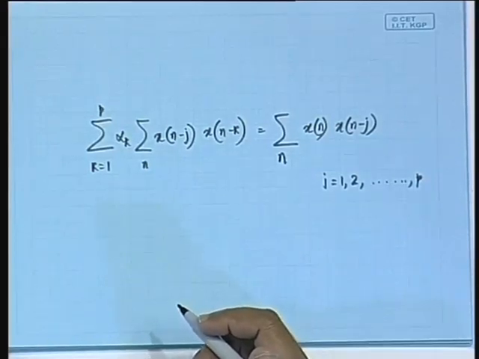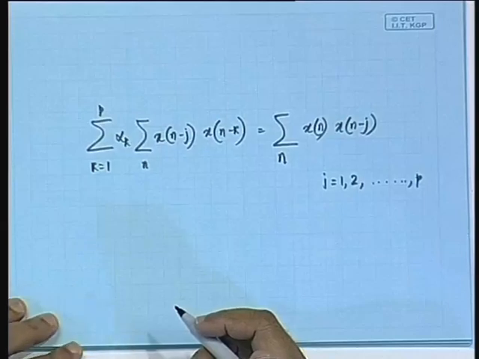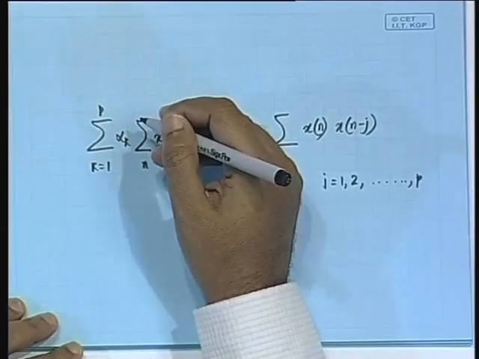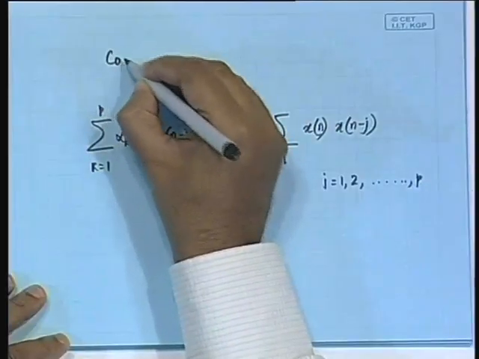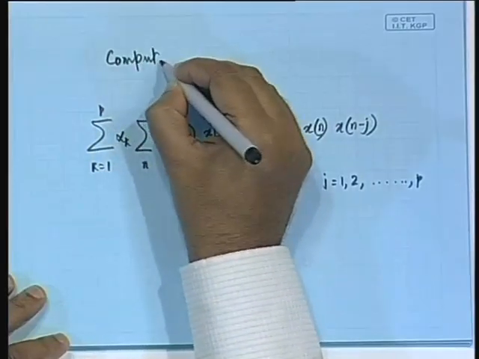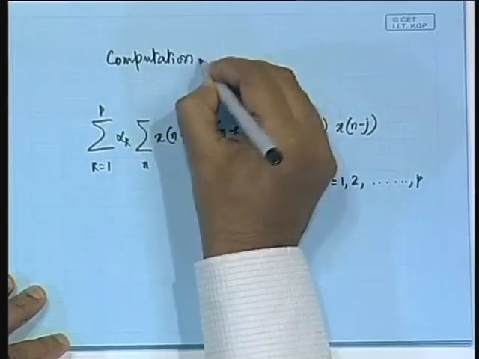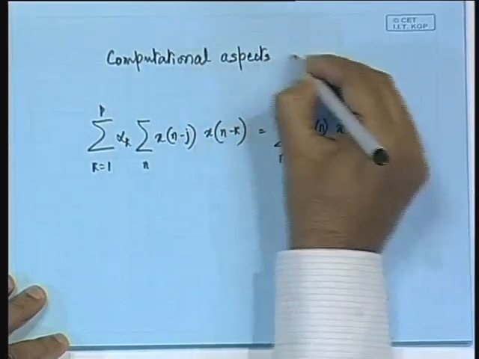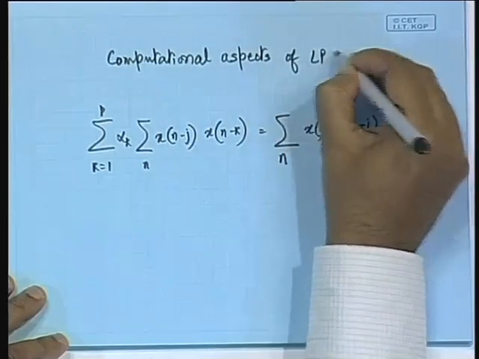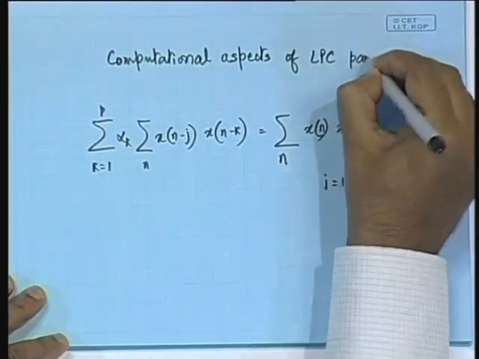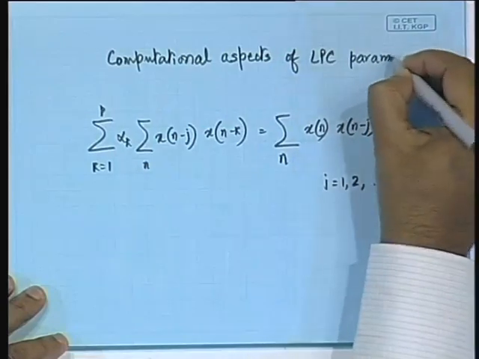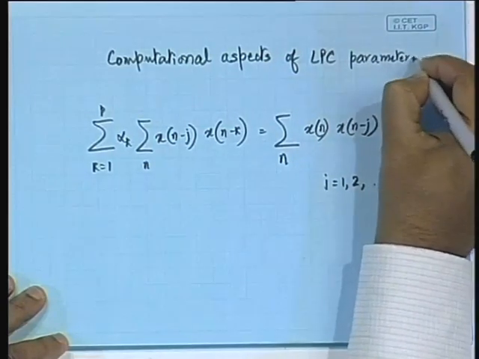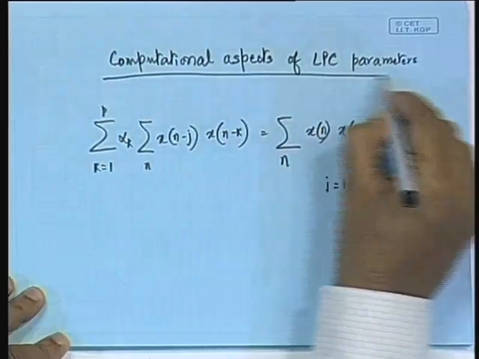So what we are going to discuss in this lecture is the computational aspects of these LPC parameters, by which we mean these alpha k's that we need to solve.